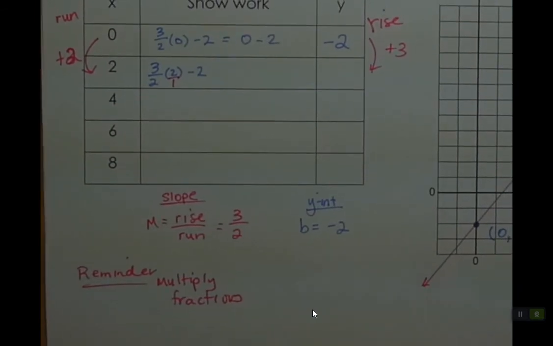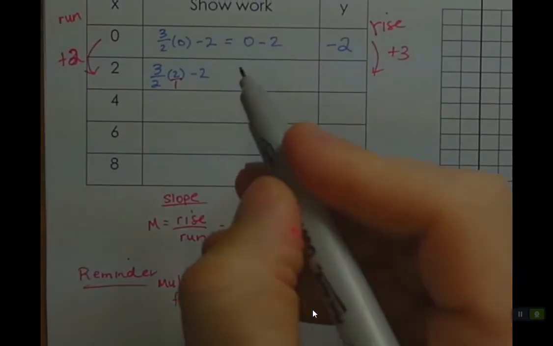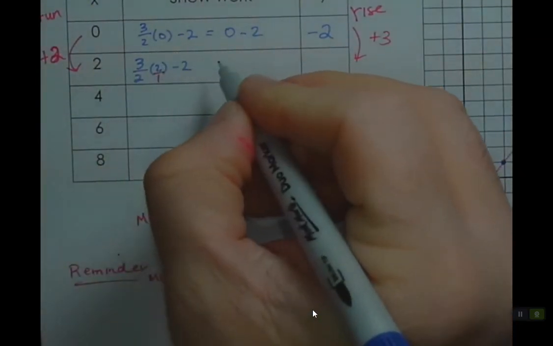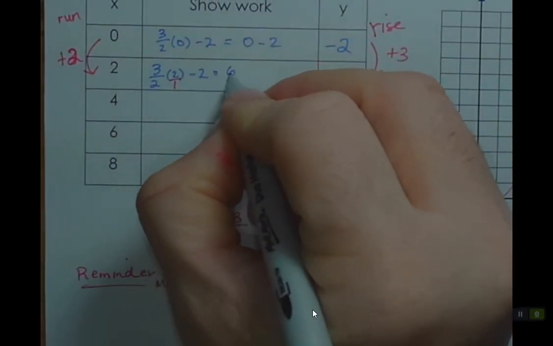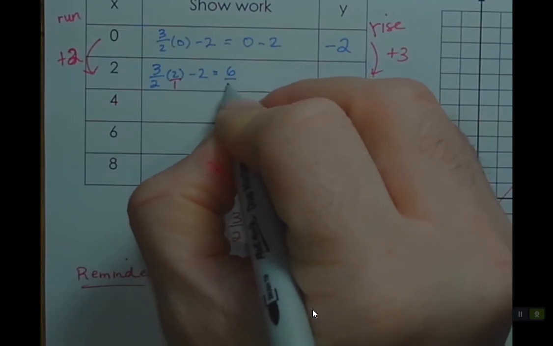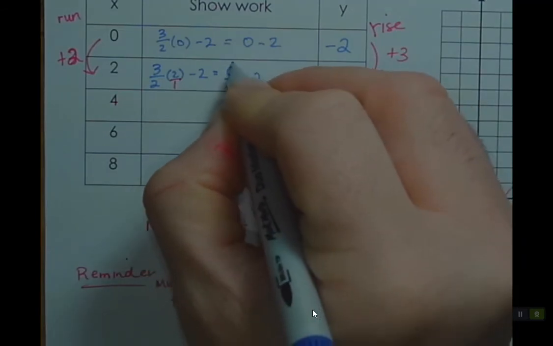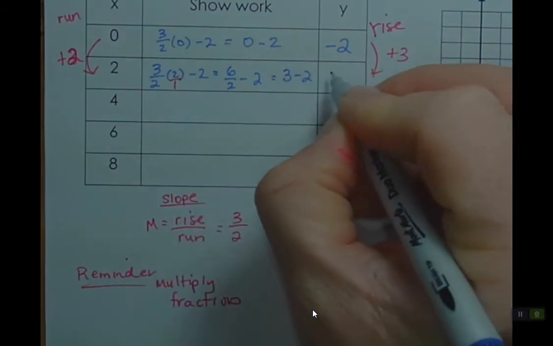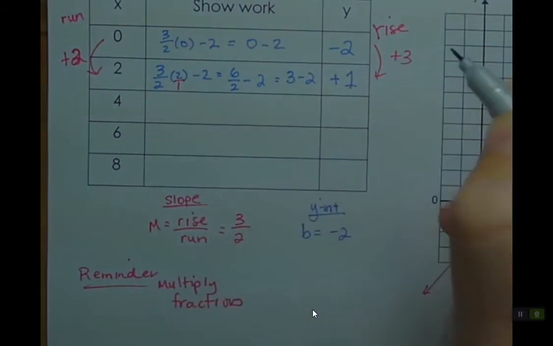We have to remind ourselves, how do we multiply fractions? Well, we take 3 times 2, we multiply the tops. 2 times 1, that's 2. And then I can divide that out. That gets me positive 1.